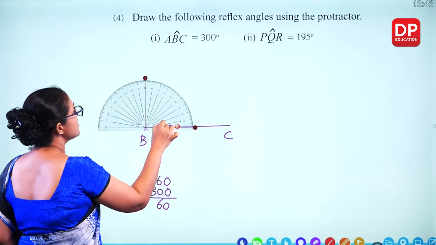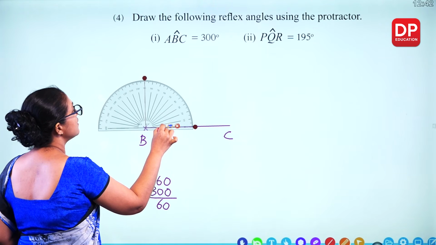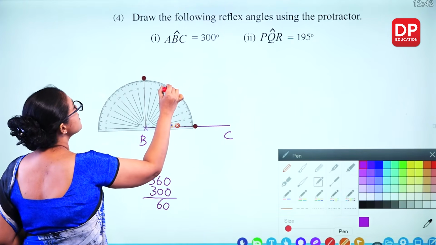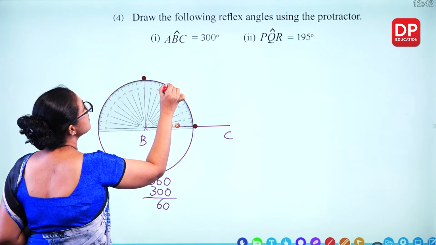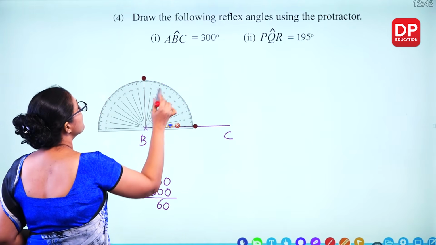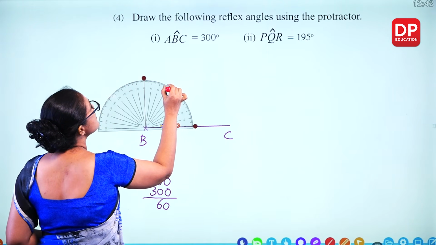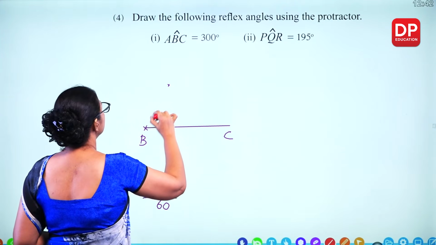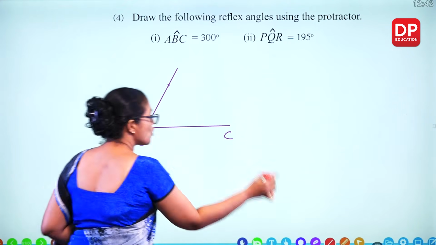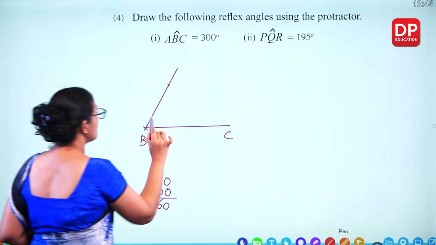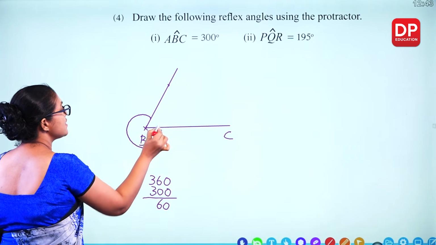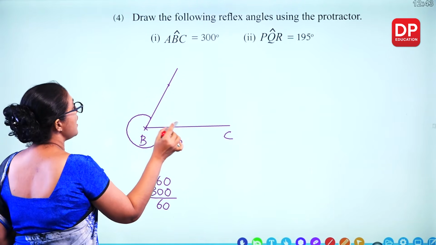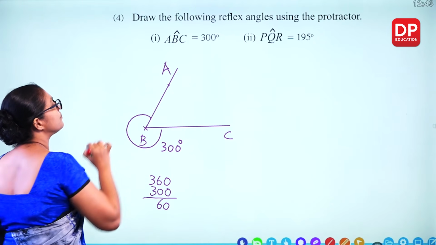And then the other side angle is the reflex angle. So measure 60 degrees somewhere here. Now draw the line. So 60 degrees is this way. So 300 is this. So 300 degrees for ABC.